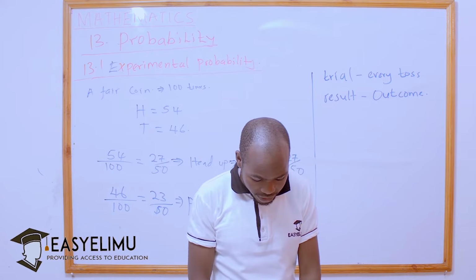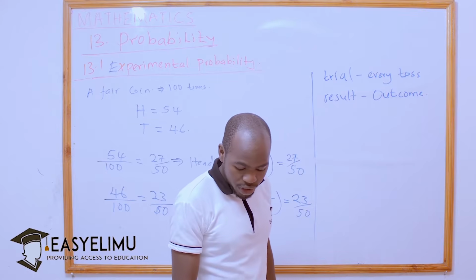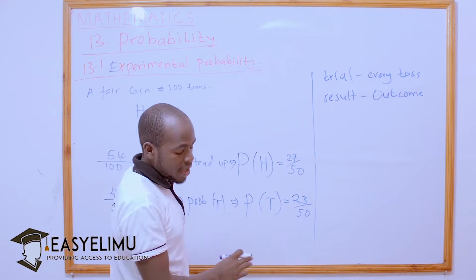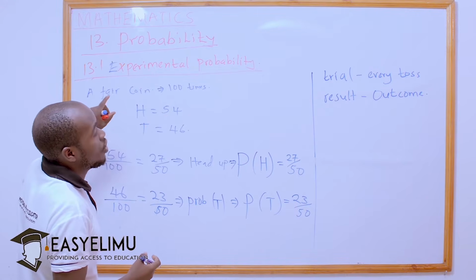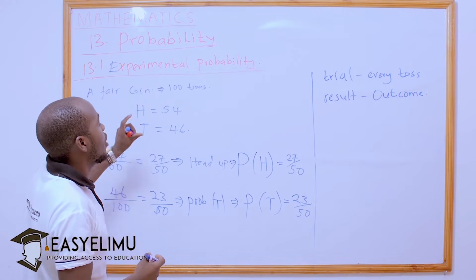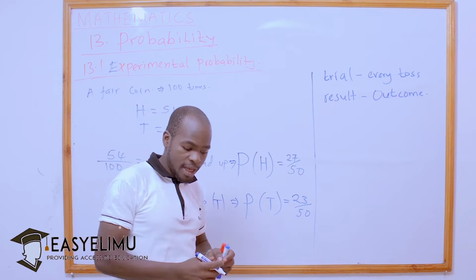So whatever is observed or done, together with the recorded observation here, is now our experiment. If you observe and you record what you find, that is what we shall refer to as an experiment.